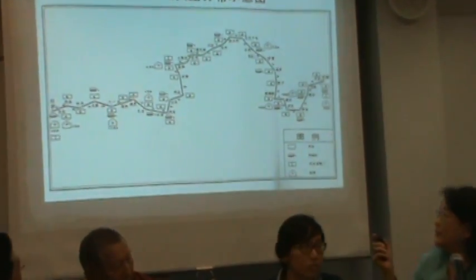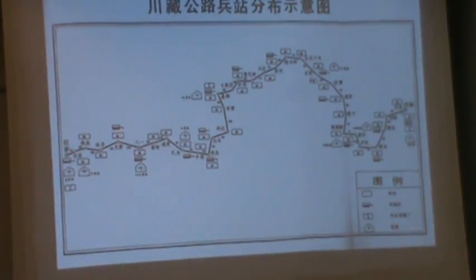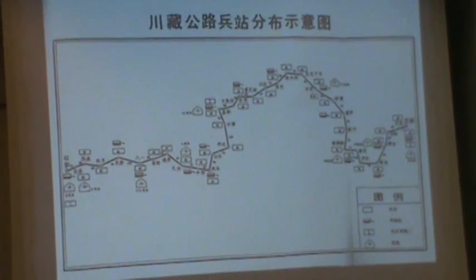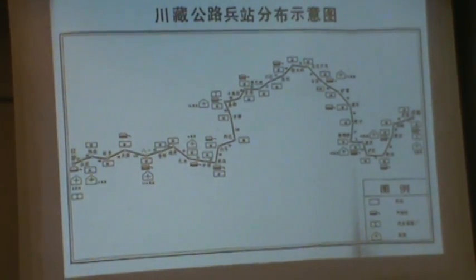Okay, this is a map of the Sichuan to Lhasa Tibet highway. During the wartime, this was meant to be a military road to begin with. And we can see the function during the war. This square is Chengdu, this is Lhasa.